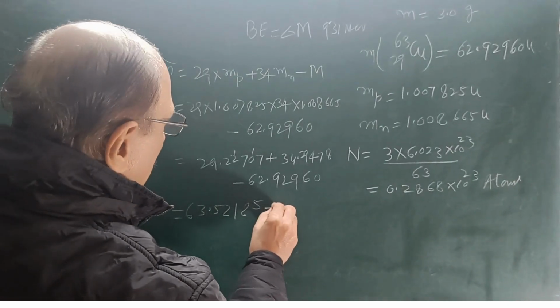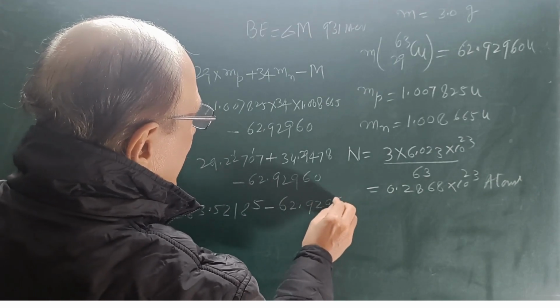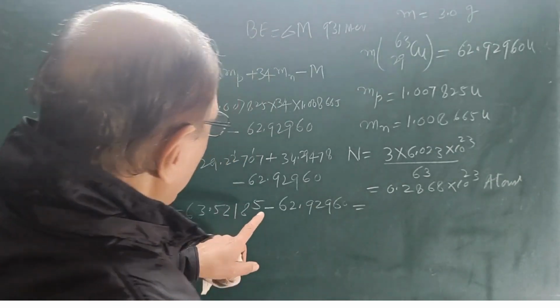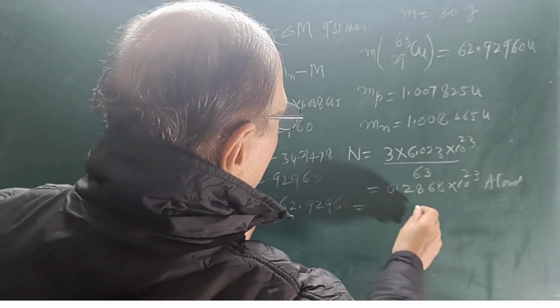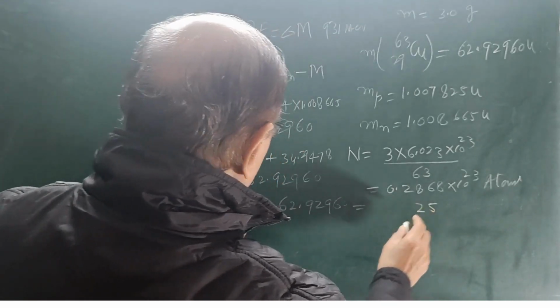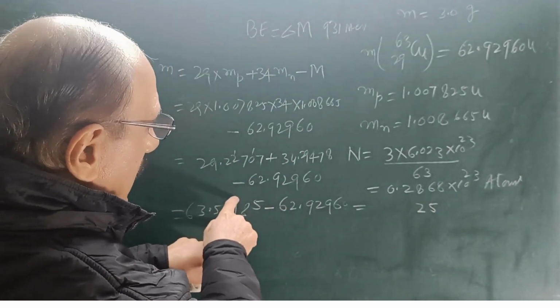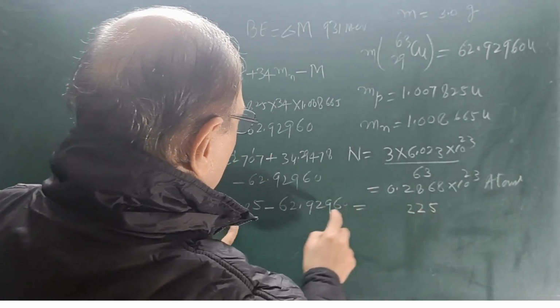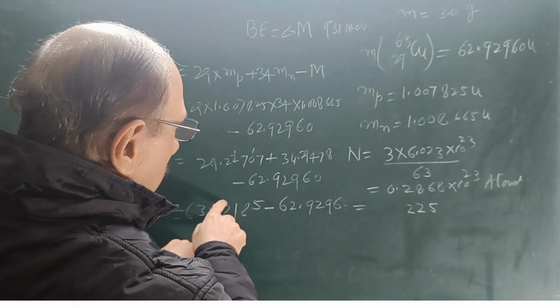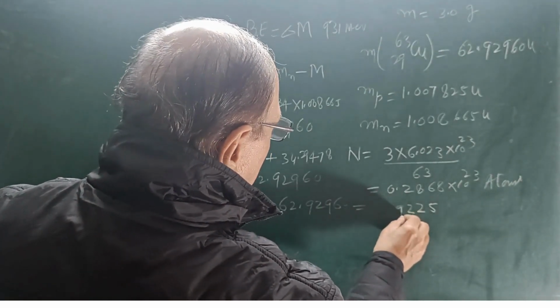So it comes to 63.52185 minus 62.92960. That comes to be 5 minus 0 is 5. Then 8 minus 6 is 2. Then it is 1 and there is 9, so it will become 11 minus 9 is 2. Then here it is again 1, then this 2, so 11 minus 2 is 9.